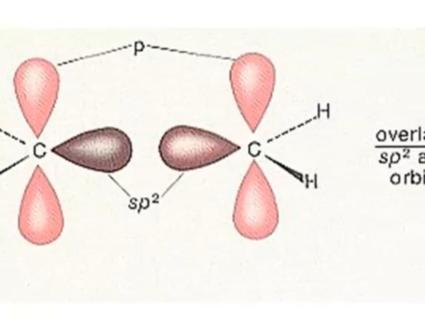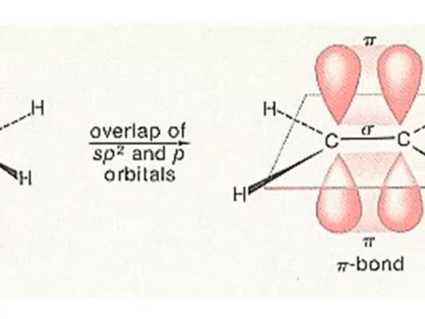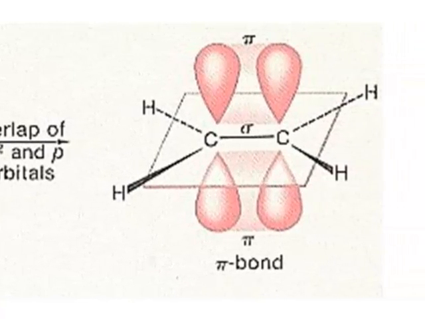So we do get a sigma bond forming here. We can see that sigma bond in this diagram on the right. You can see here at the center there is a sigma bond between them, and that's from those 2 sp2 orbitals that were pointing at each other.